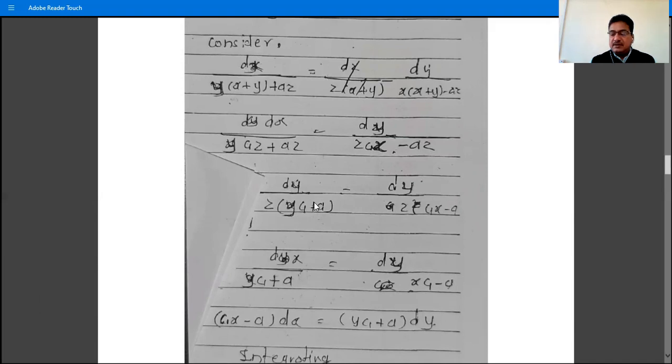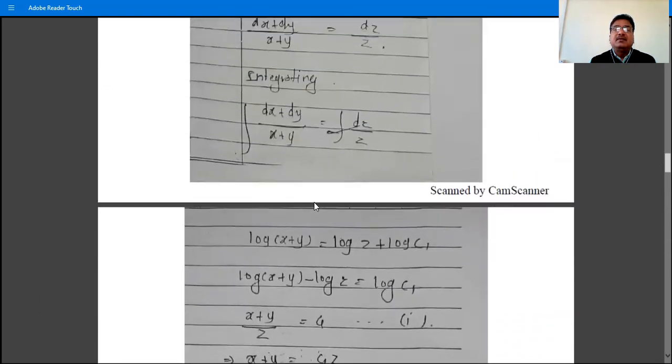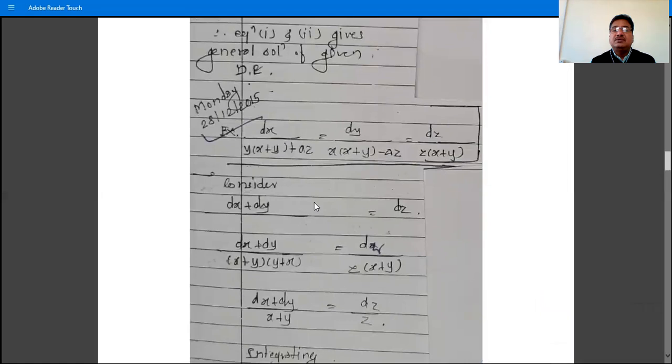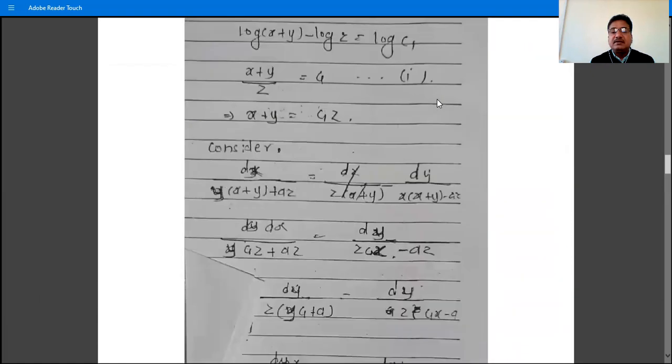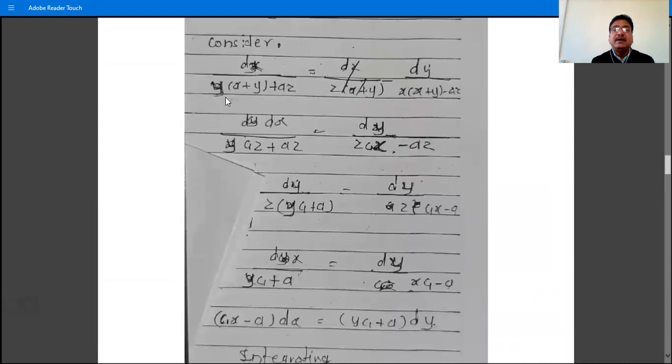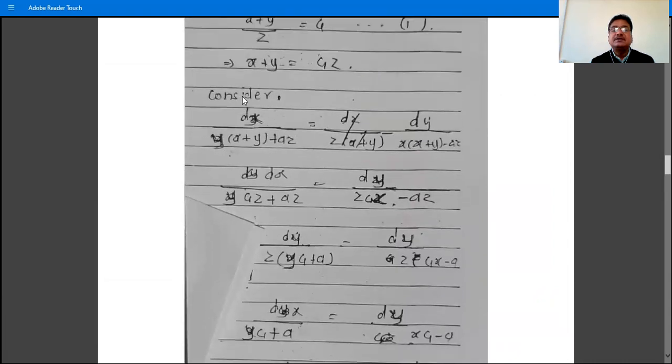So consider the ratio, this dy and dz. Consider these two ratios and substitute x plus y as c1 z. Here is the answer of the example: dx divided by y in bracket x plus y.